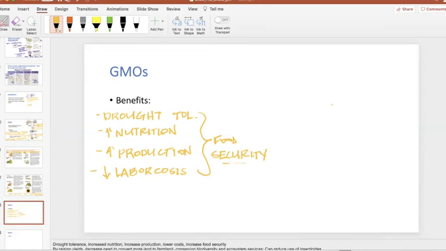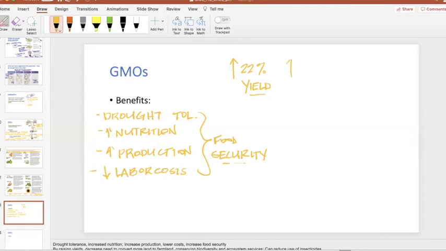So in thinking about what some of the benefits are, studies have been done, and it turns out the benefits of planting, for example, genetically modified corn, where maybe you have insect resistance and herbicide resistance, are that if you plant these varieties, you increase your crop yield on the order of 22%. So you get 22% more corn out of your crop if you're planting these genetically modified varieties.